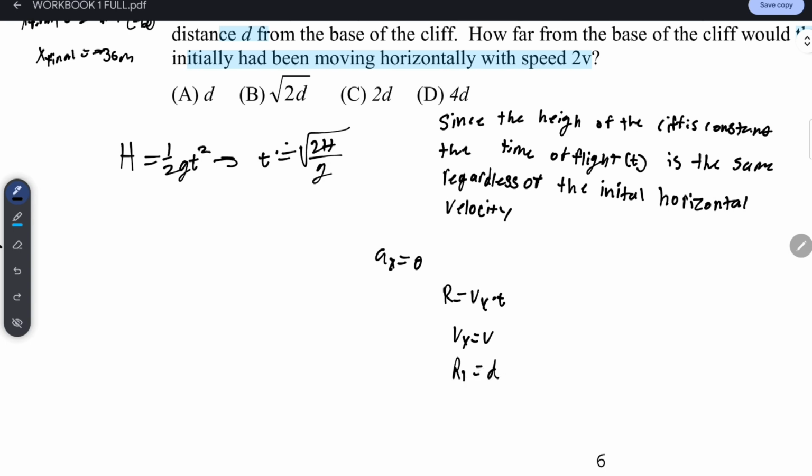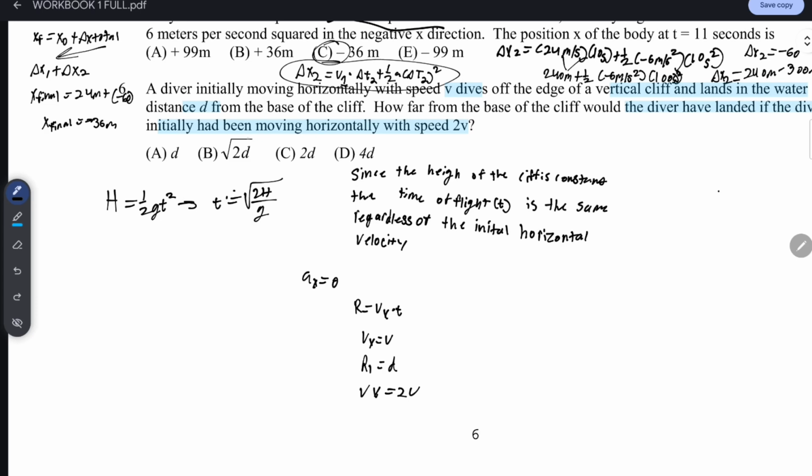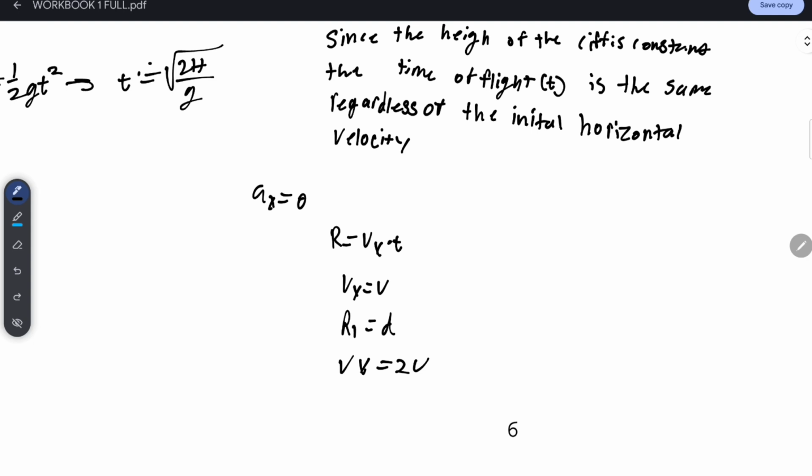The initial speed is v because it is asking what if it had been moving horizontally with a speed of 2v. That's where the 2v comes from.